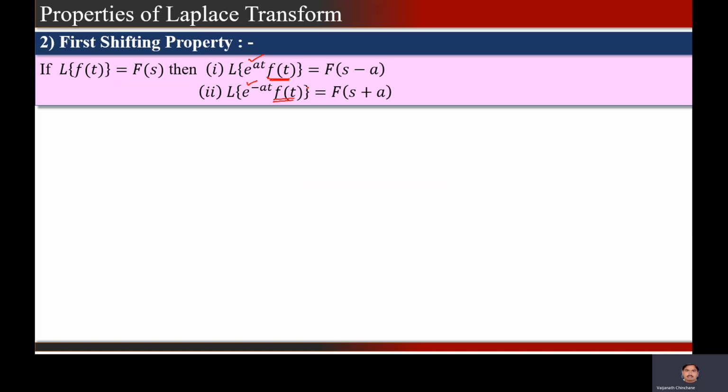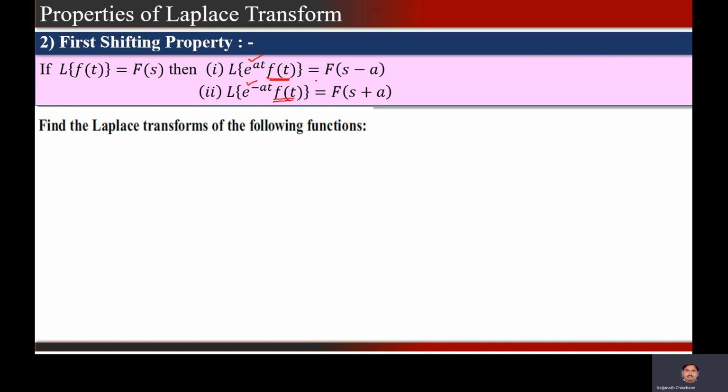Whenever we multiply any function f of t by either e raised to at or e raised to minus at, in that case only we use the first shifting theorem. How to use? We see some examples. Now this first shifting theorem is also without proof for you, right? So we take some examples, student.